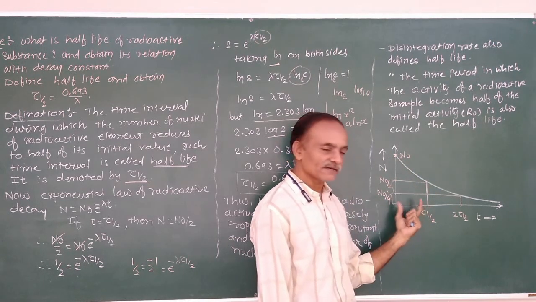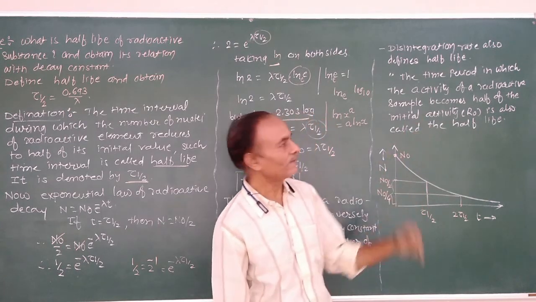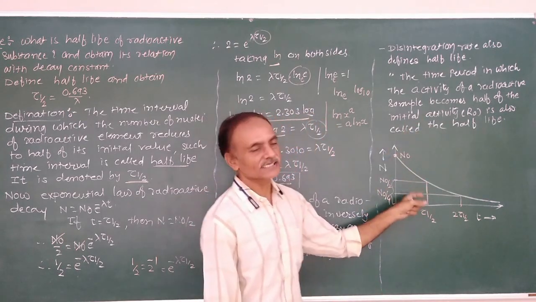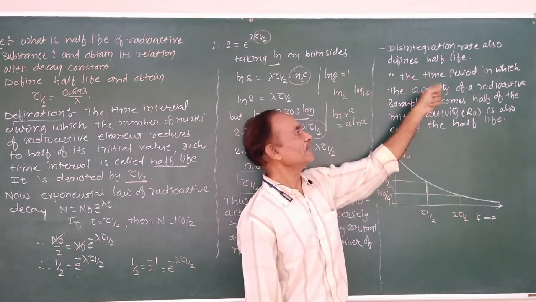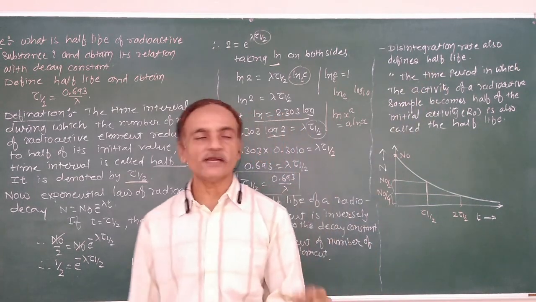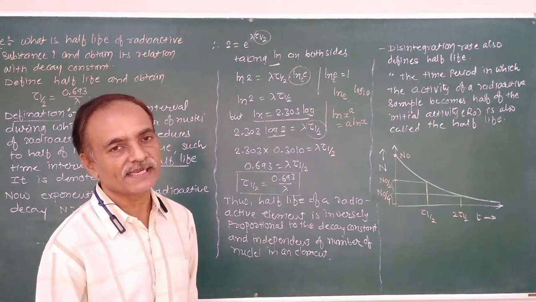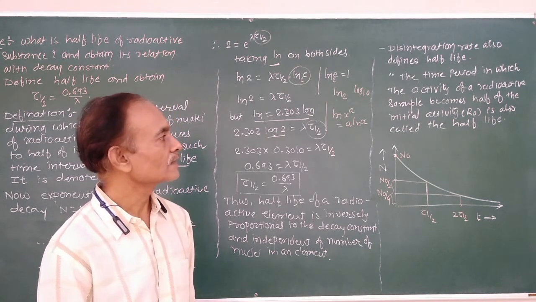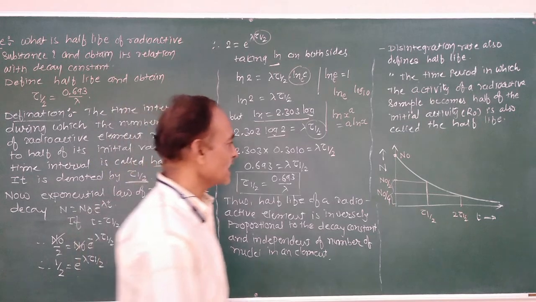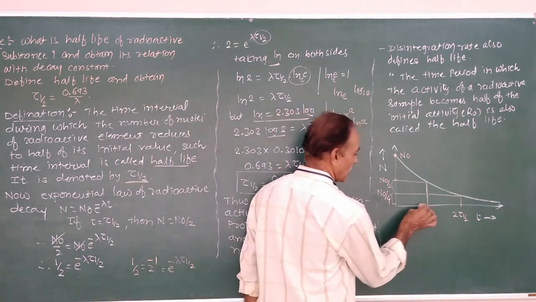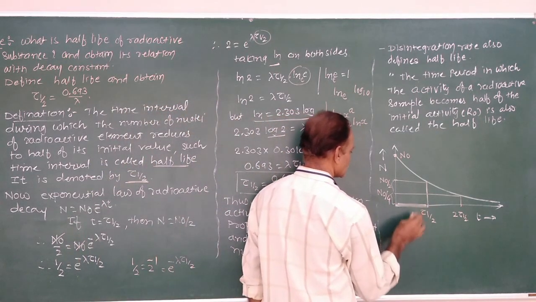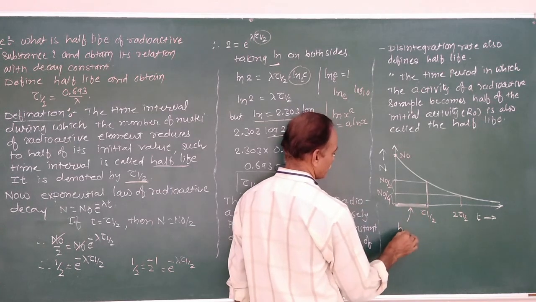So this time interval is also known as the half-life. To explain this, I draw this decay curve. The time period in which the activity of a radioactive substance becomes half of the initial activity R0, this time interval is known as the half-life of a substance.